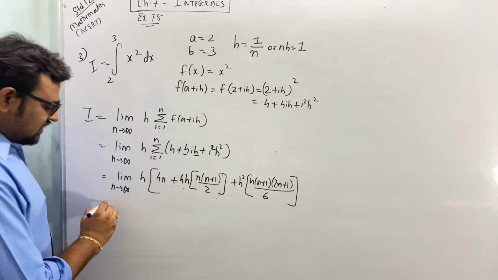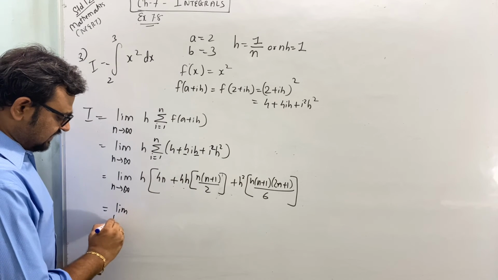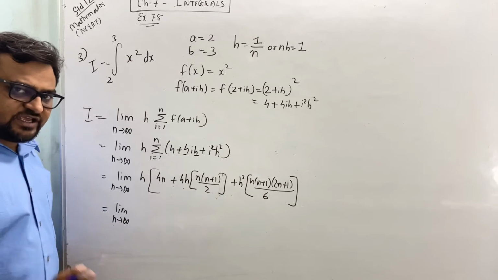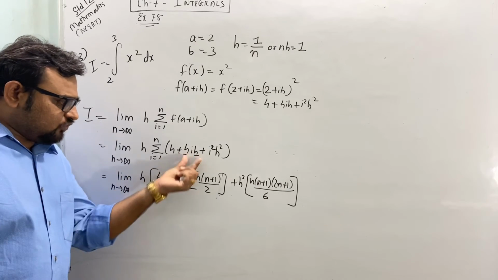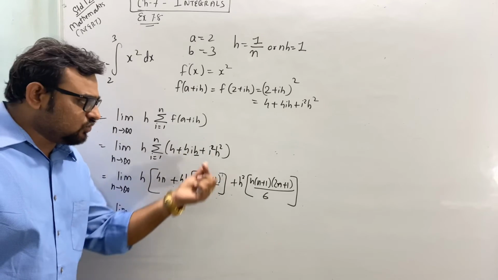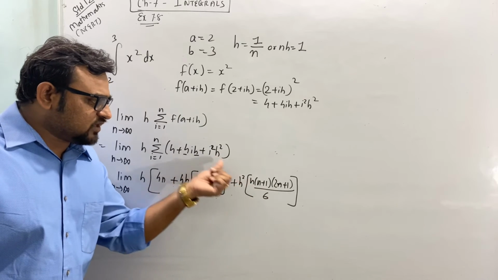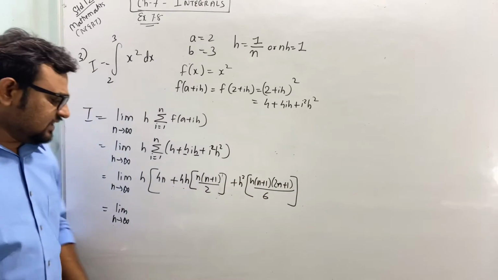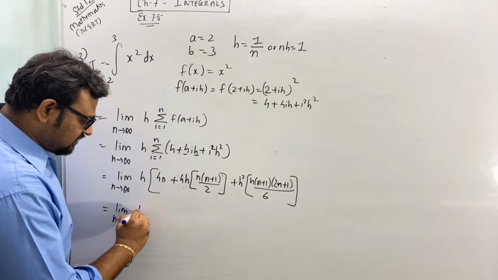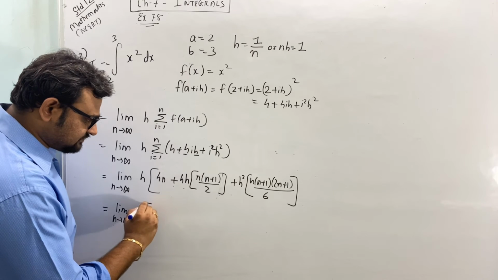Clear? So now limit n tends to infinity. See here, 4n, 4h constant, i is n, n plus 1 by 2, h square constant, i square, so n, n plus 1, 2n plus 1 by 6.